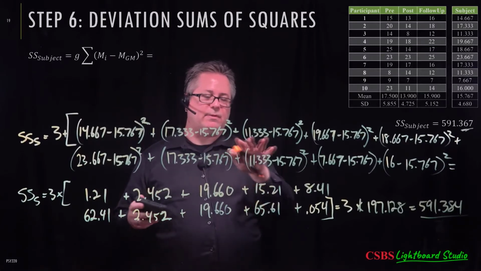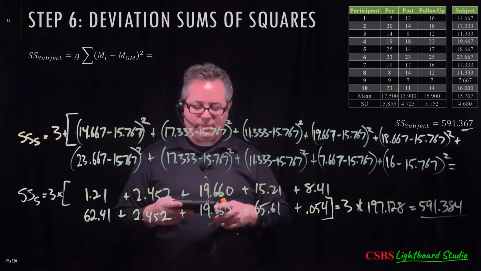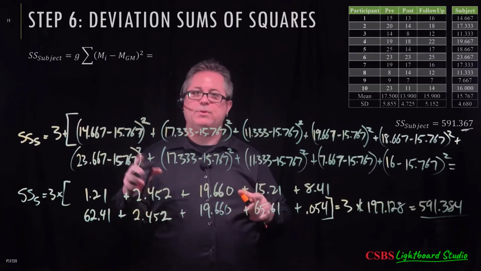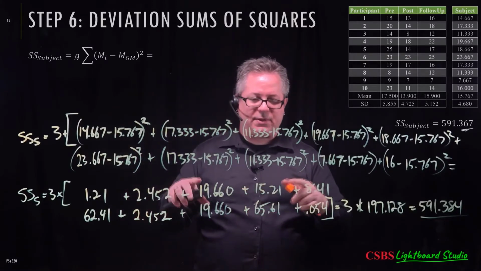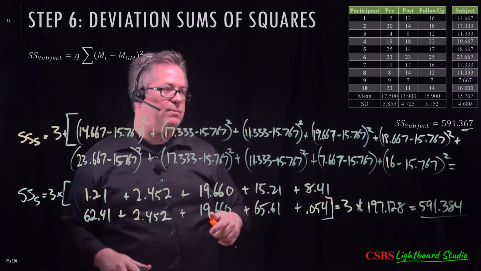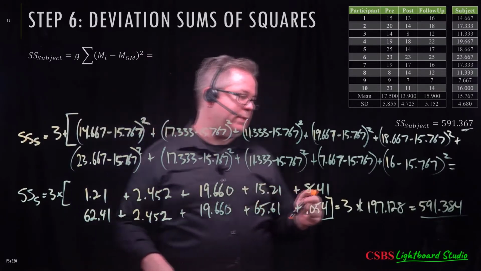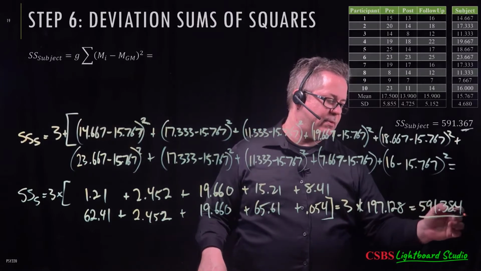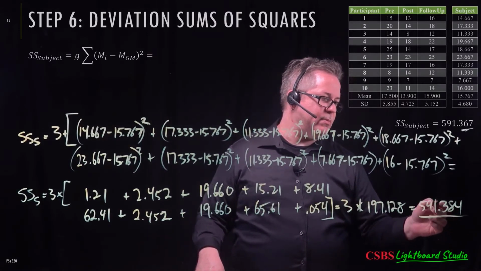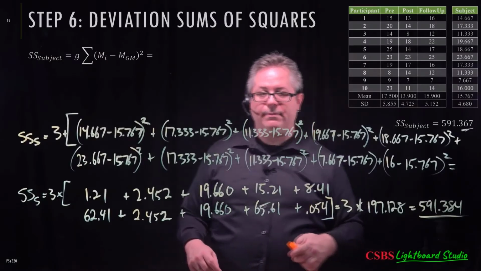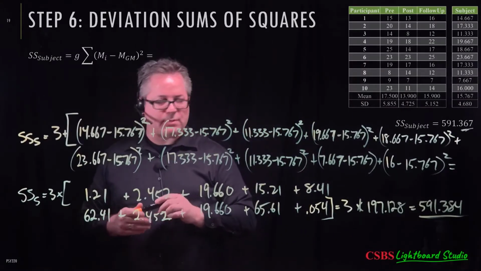If you are going through this and you see an error someplace in here, leave a comment in the space below and let me know, and I can sort of figure it out. But it's likely just rounding. 3.367384. That's fairly close. Yeah, that's it. That's the sum of squares for subjects.